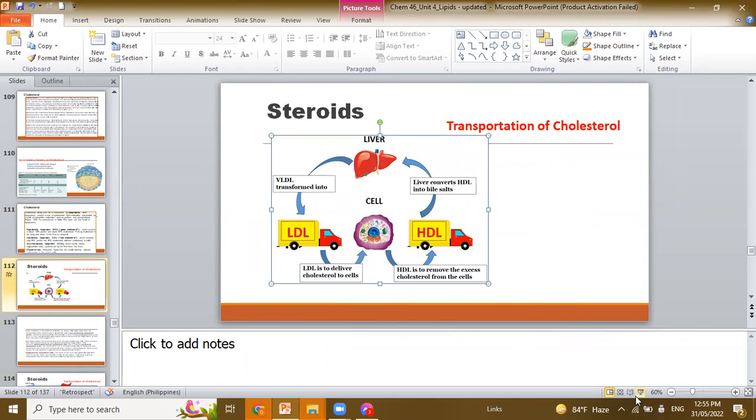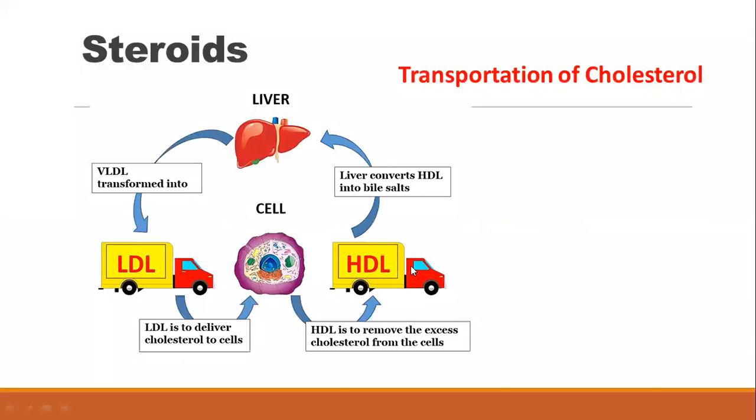In the liver, the VLDL is transformed into low density lipoprotein, and low density lipoprotein delivers cholesterol to the cell, the source cell. In the cell, the LDL is converted to HDL. HDL removes the excess cholesterol from cells.